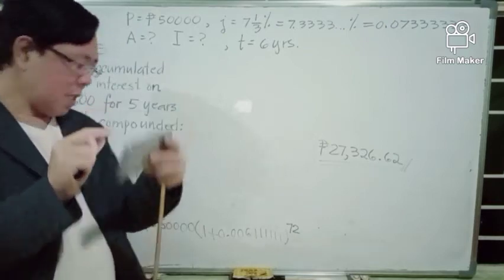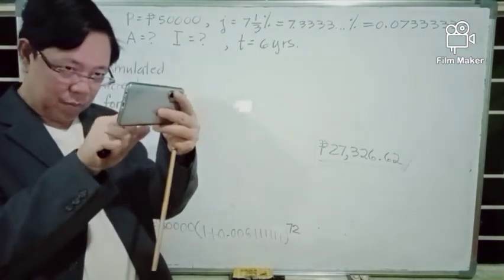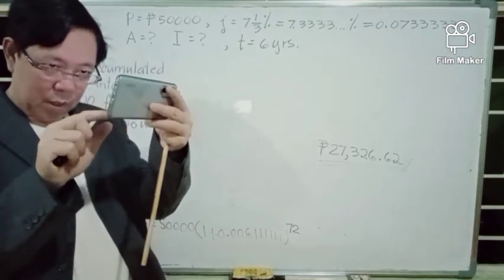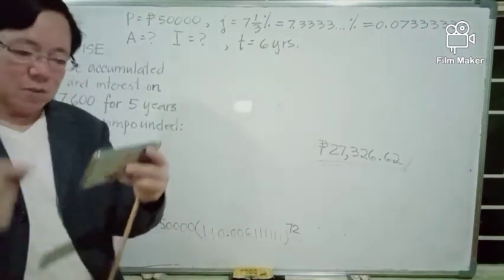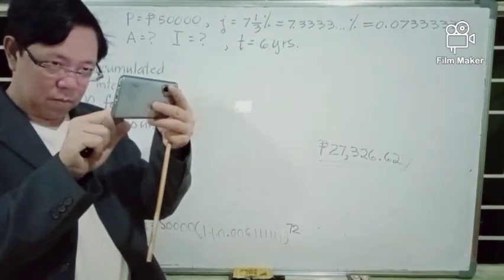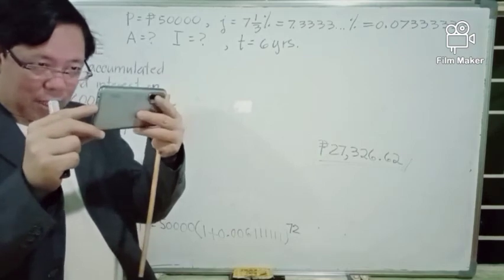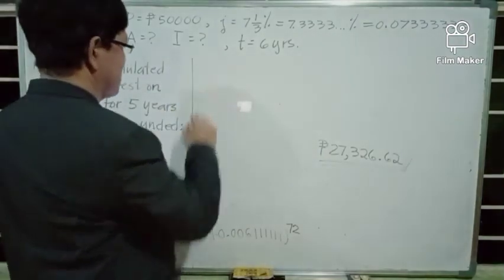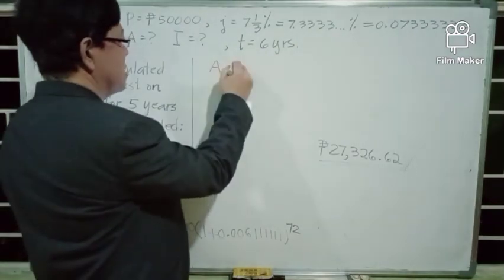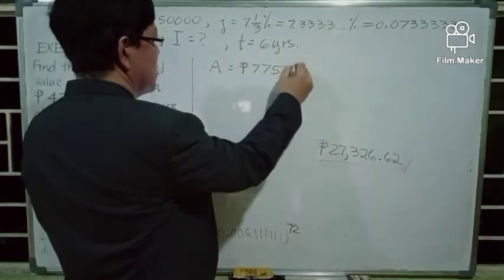The sum is raised to the power 72. And multiply the result by 50,000 pesos. And you should get 77,531 point.